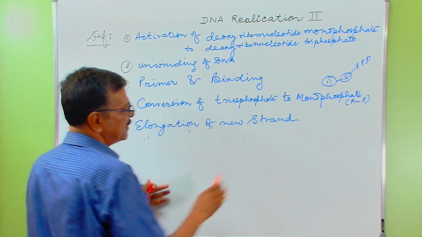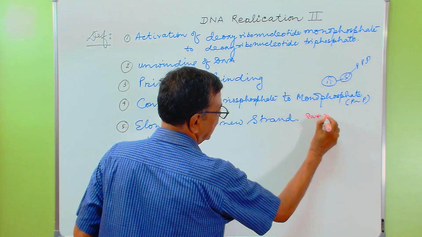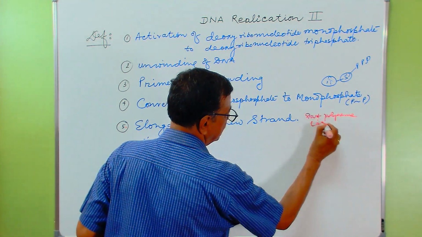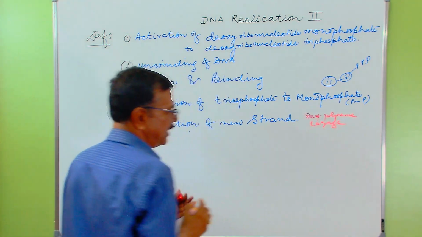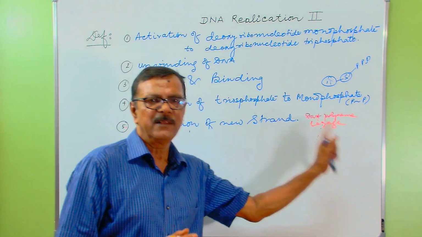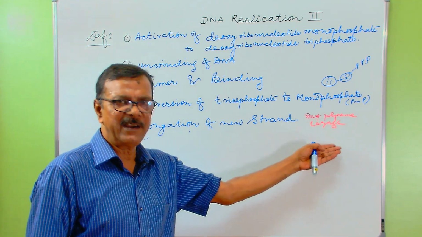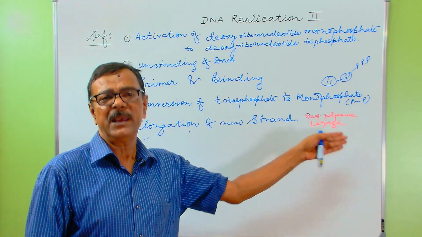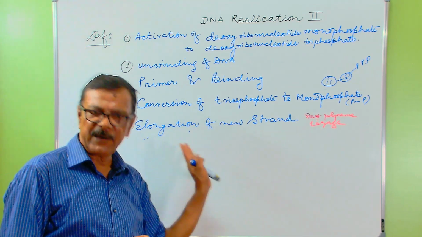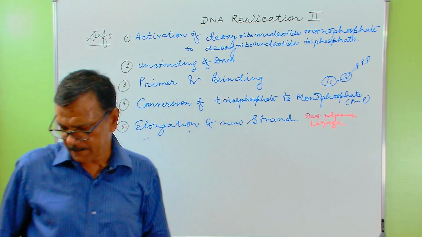Here in elongation, DNA polymerase and ligase are the 2 enzymes required, and DNA polymerase has types 1, 2, 3, 4 that you will write. In eukaryotic cells, DNA polymerase alpha, delta, and epsilon are the primary polymerase enzymes for elongation of the new strand.